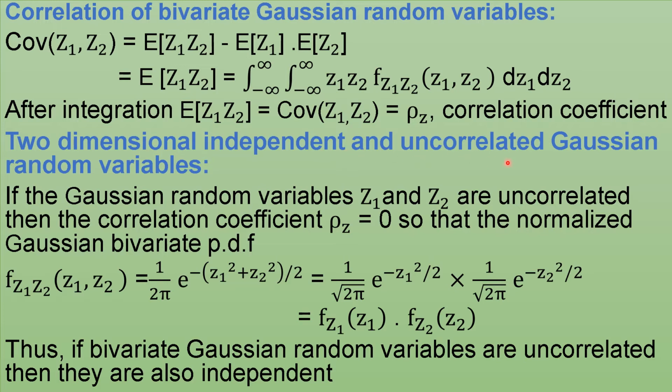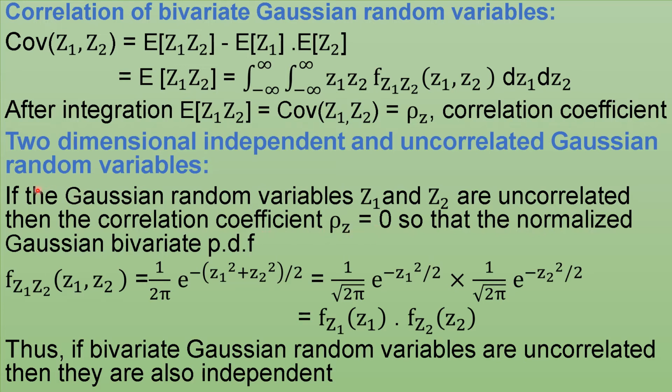Two-dimensional independent and uncorrelated Gaussian random variables. If the Gaussian random variables Z1 and Z2 are uncorrelated, this also we have seen in the last topic: if the random variables X and Y are uncorrelated, then the correlation coefficient between those random variables will be 0.